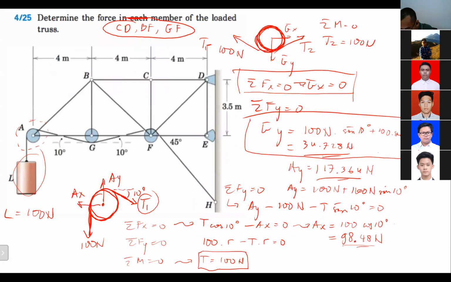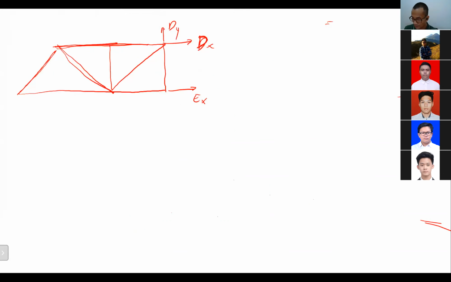Then our AY, what is the value of our AY? 117.364 Newton, going down.